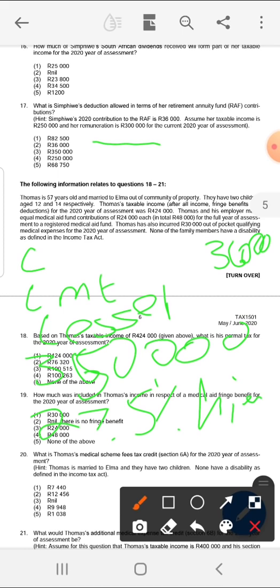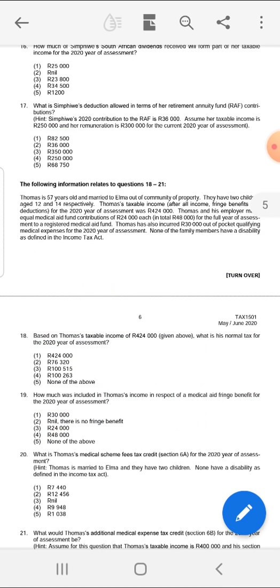The higher there will be remuneration, which is 300,000. When you multiply it by 27.5%, it gives us 82,500. So the lesser amount here will be 82,500, but remember we contributed 36,000. So our deduction will be 36,000, since the amount we need to limit it to is higher than the amount that we're going to pay. So we're just going to claim our 36,000. The correct answer there will be option 2.